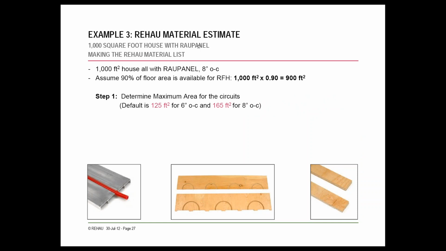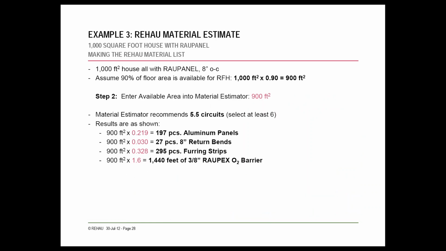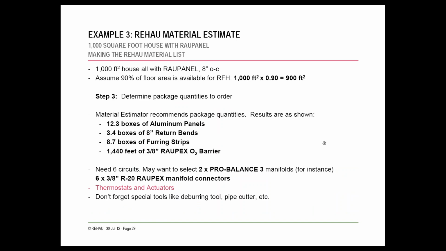But for the Rehau panel material specifically, you're going to have the three different pieces, and you're going to need to figure out how many of each we need. I'm going to skip this because I'm going to show you another way to look it up.